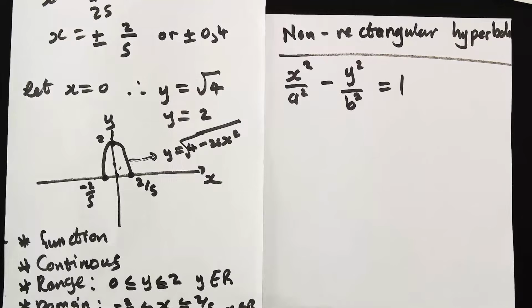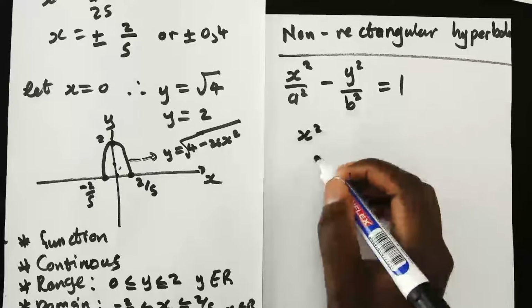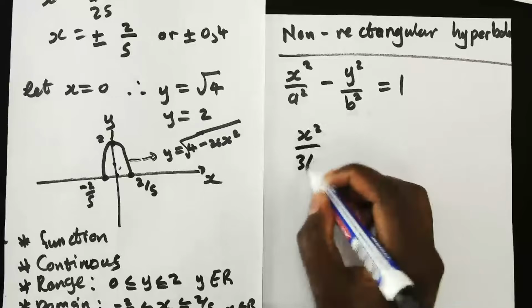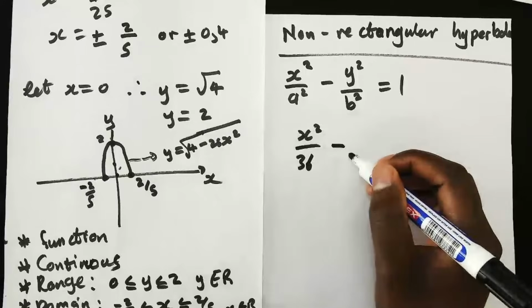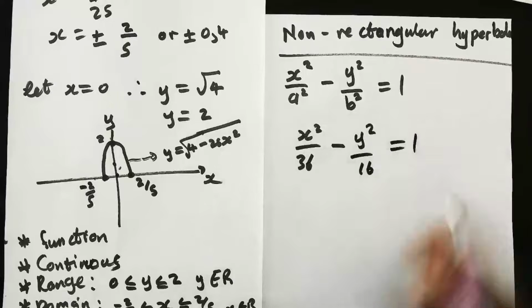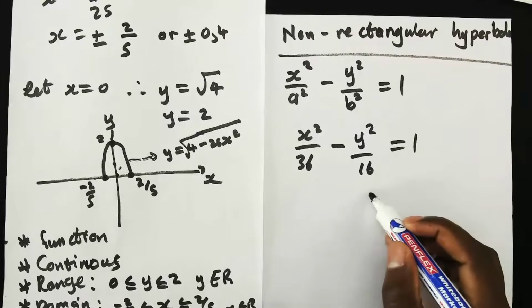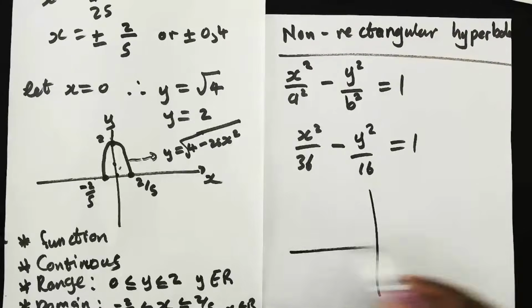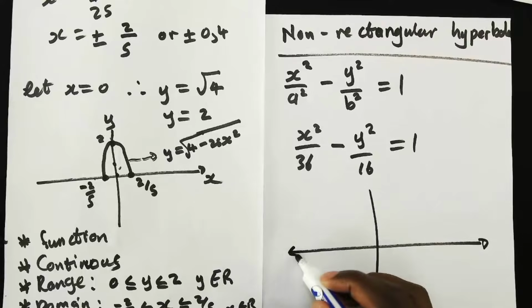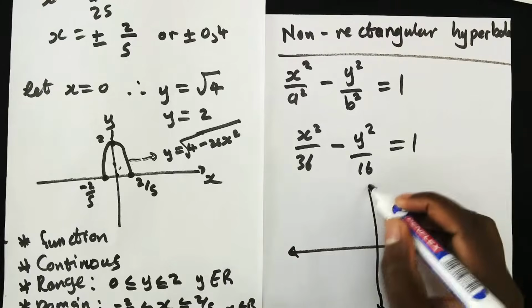So we know this is a non-rectangular hyperbola. Let's take an example, x squared over 36 minus y squared over 16 equals 1, for example purposes. When you are going to plot this graph, you'll do the same thing. Sometimes you can even use the table method if you can make some variables the subject of the formula.